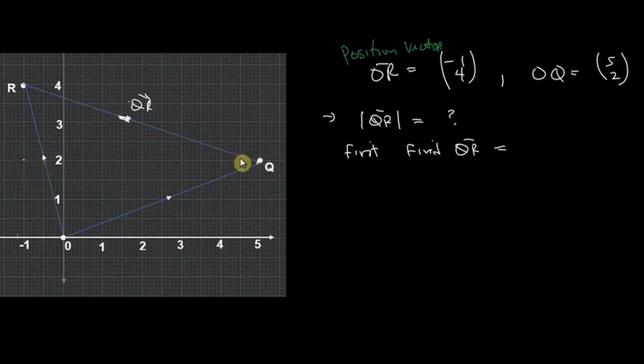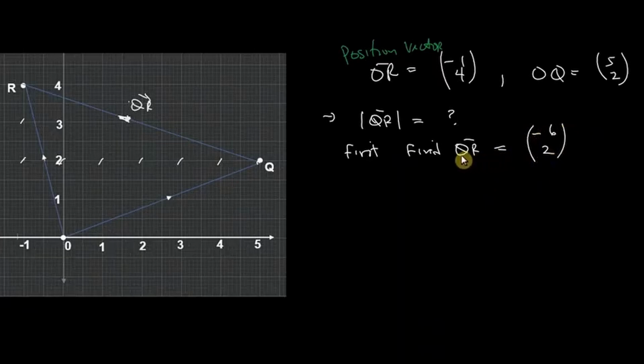So let's count. We're counting in steps of 2. So that's 1, 2, 3, 4, 5, 6. So we're going to go 6 units to the left. So that's negative 6. And we're going to go 2 units up. So it's going to be negative 6 and 2, positive 2 for up.